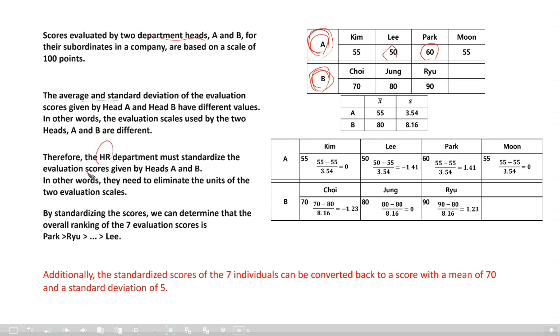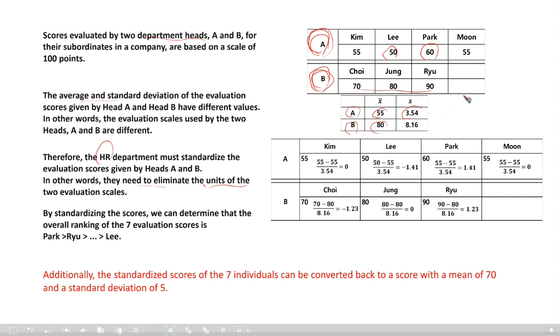Therefore, the human resource department, HR department, must standardize the evaluation scores given by A and B. In other words, they needed to eliminate the unit of the two evaluation scales. A's mean is 55, standard deviation 3.54. B's mean is 80, and the standard deviation is 8.16.